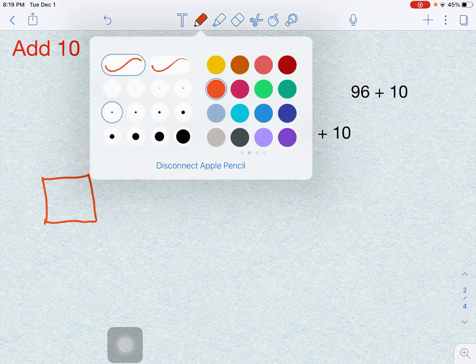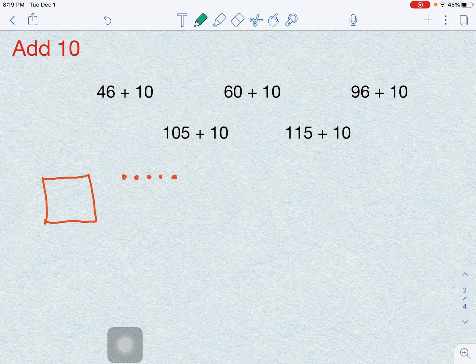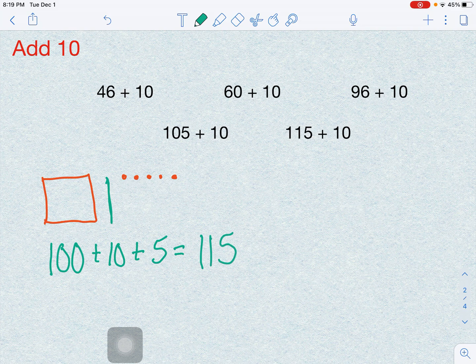And then Mrs. Hagedorn likes to change the color there to say, wait, we're going to add another 10. Oh, wait, so now I have 100 plus 10 plus 5. I now have 115.